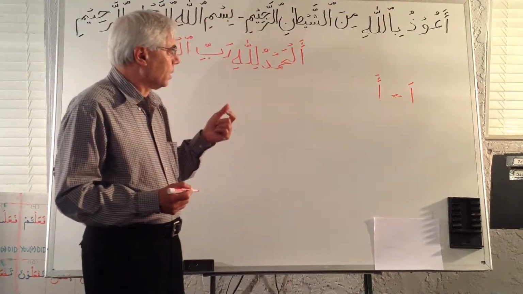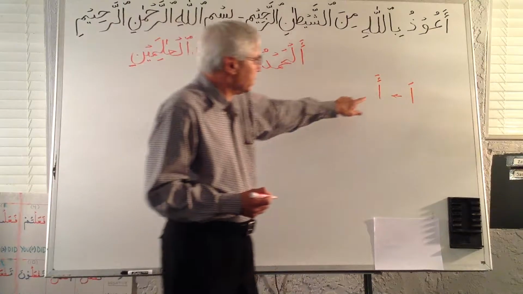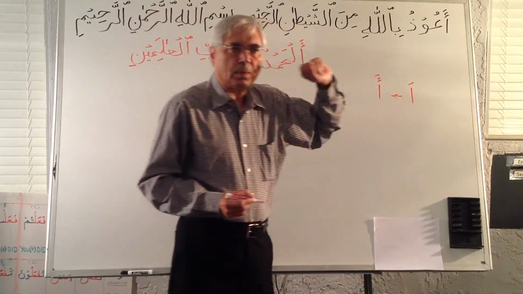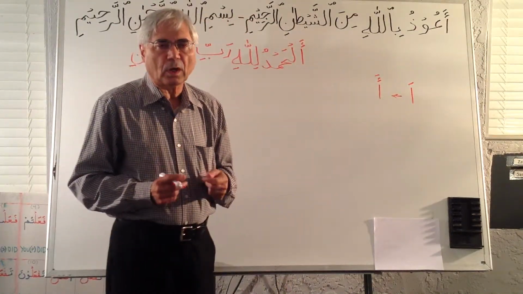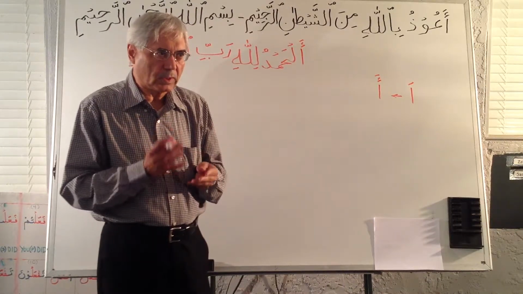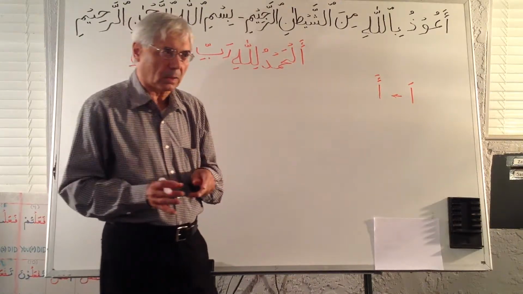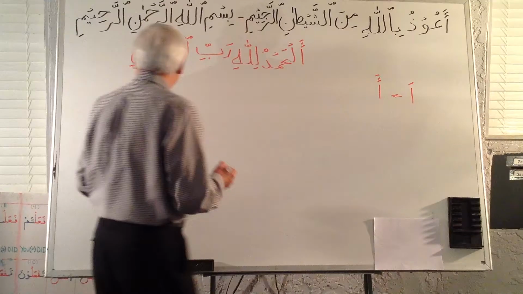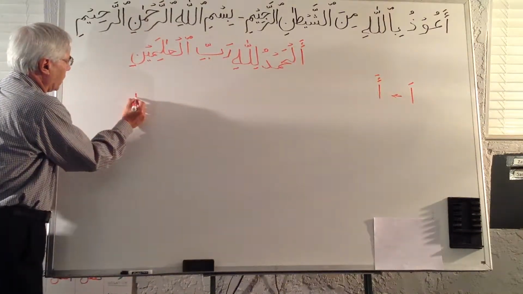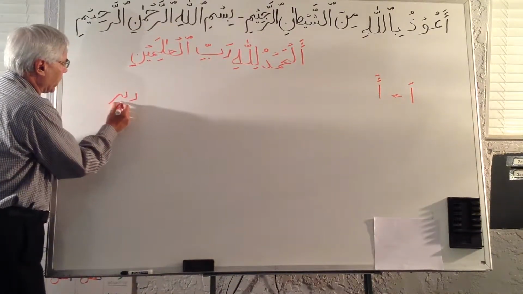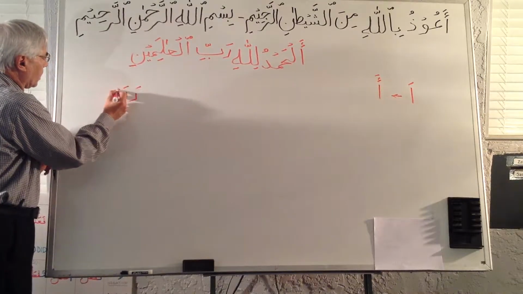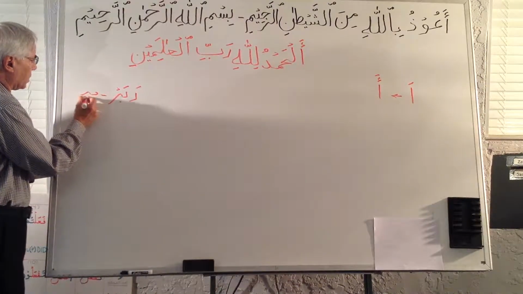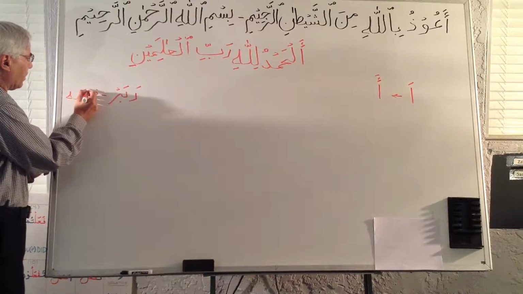Number two, this little sign here which we call zabar, in Arabic we call fataha. So we will be using the word fataha, not zabar. Okay? So basically these three things, when you see the zabar here, this is actually fataha. So when I say fataha, I'm actually saying zabar.